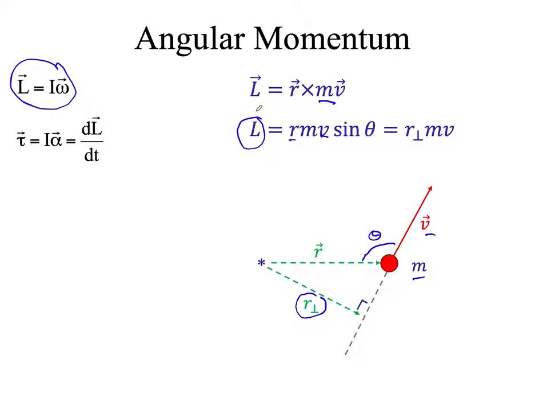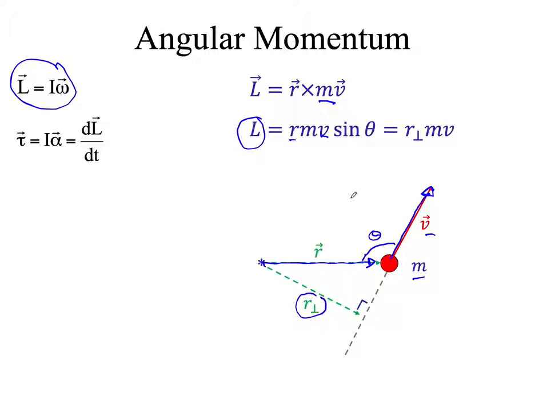I should mention this real quick. Angular momentum is a vector quantity. It has a direction. If you do your right hand rule, where you point the palm and fingers of your right hand along this radius vector, and then bend your fingers in the direction of this velocity vector, your angular momentum vector is pointing in the direction of your right thumb.